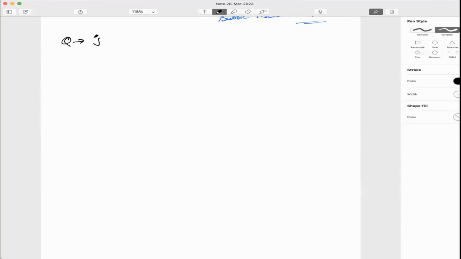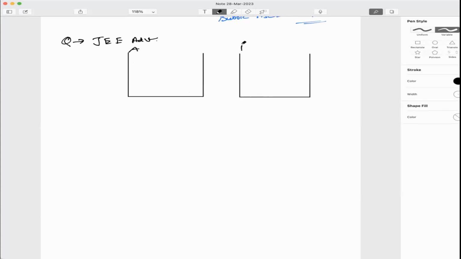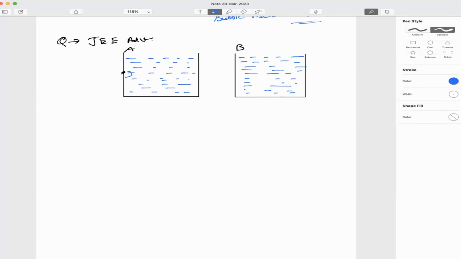So that is a JEE Advanced question. So we have two pools of liquid. Let's call one A and the other pool of liquid B. Rho F A is given to be 0.8.